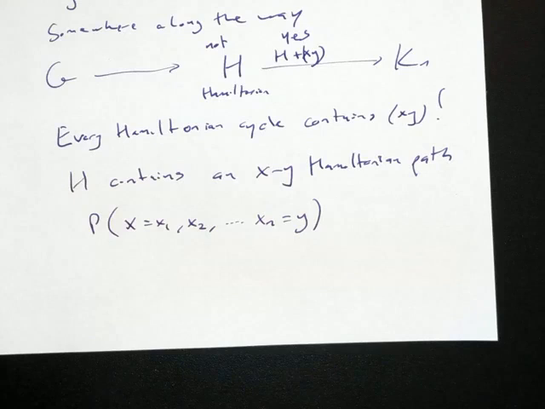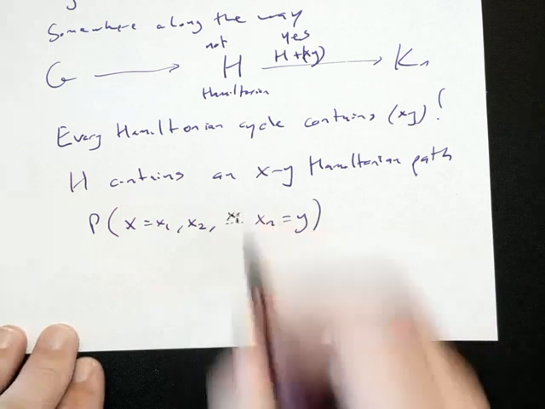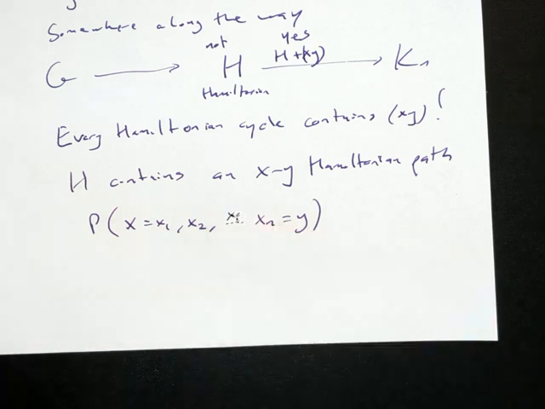Okay, wait a second. Now let's look at that degree condition. Somewhere in the middle of this list is a vertex xi, right?